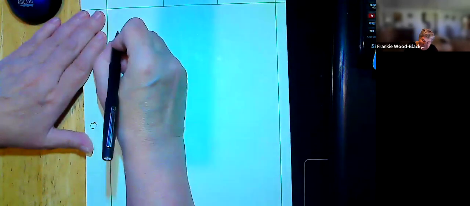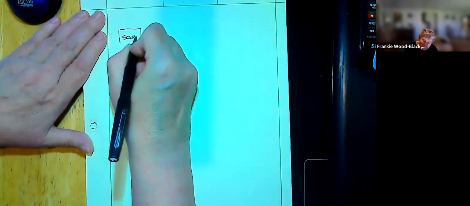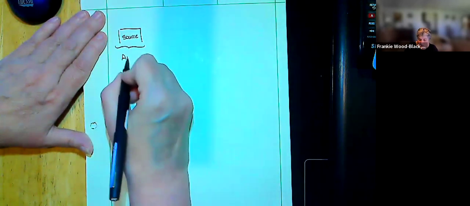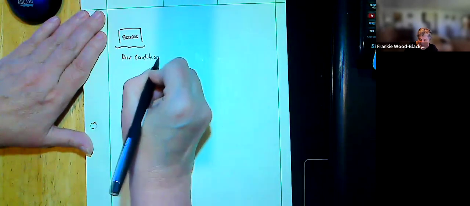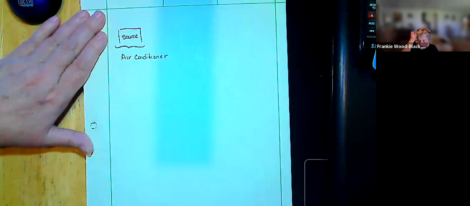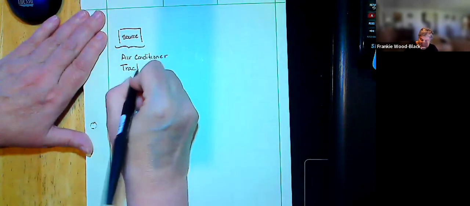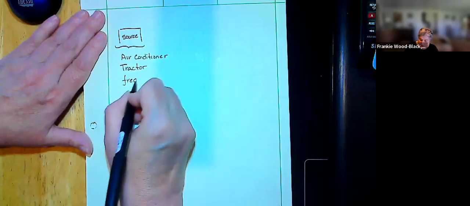I have a source. Think of this source as an air conditioner. It could be a tractor. It could be a frequency generator on your computer.